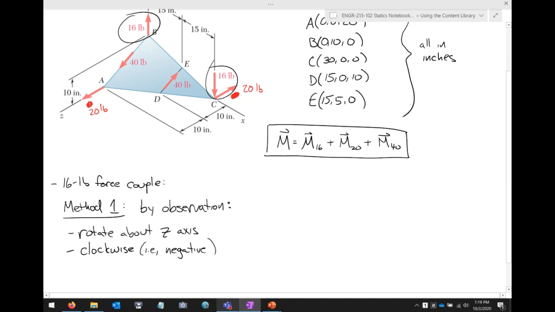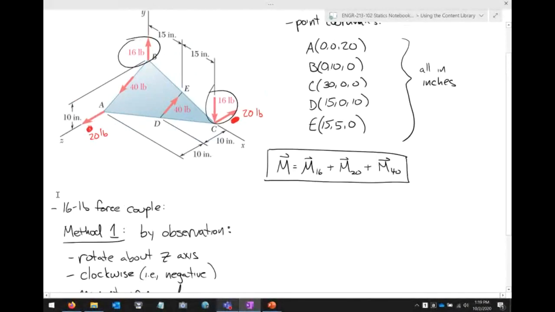You're exactly correct. Clockwise moments are negative. Now here's the other question. Can anybody tell what a moment arm is? And what I mean by moment arm, how far is it? What is the perpendicular distance between those two forces?